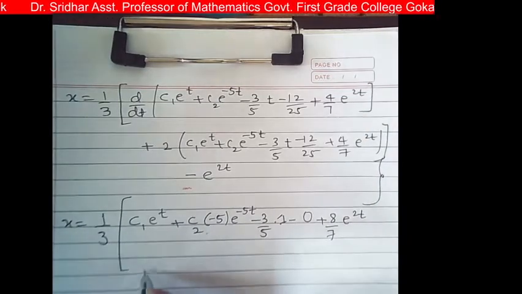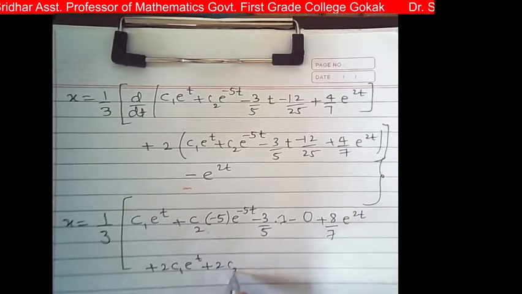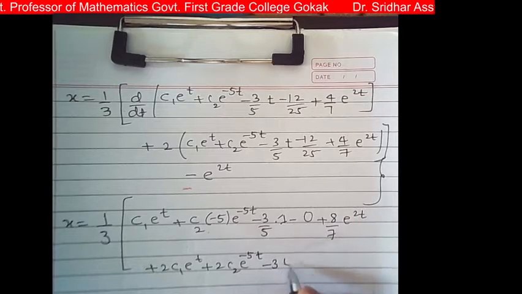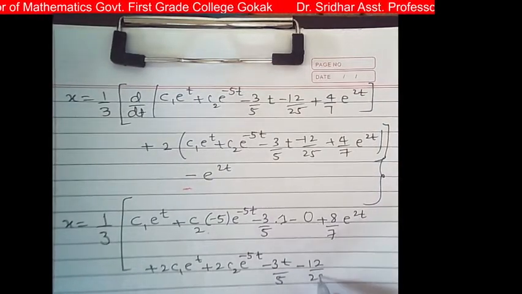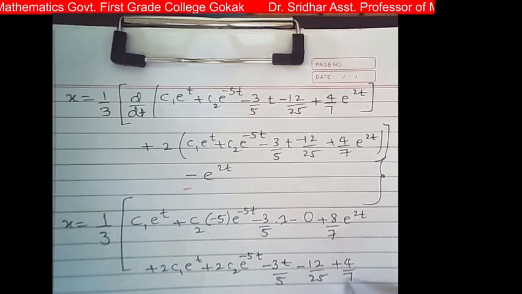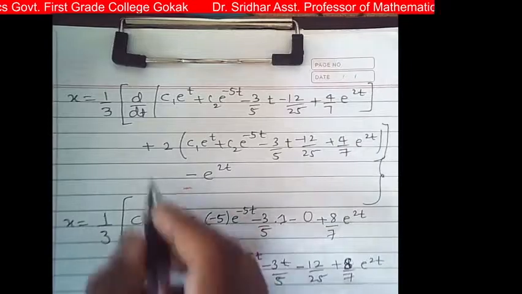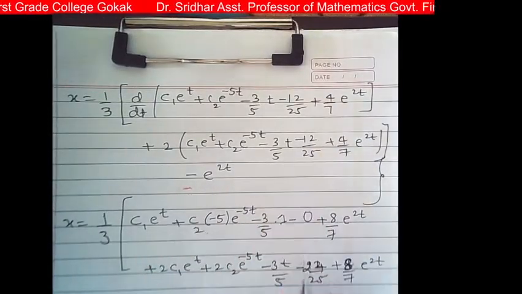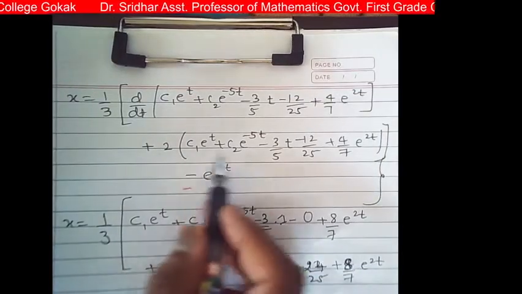Then plus 2c1 e raised to t plus 2c2 e raised to minus 5t, then minus 6t by 5, then minus 24 by 25 plus 8 by 7 e raised to 2t. We have to multiply this 2 with every term.